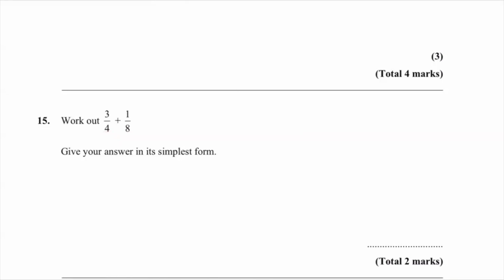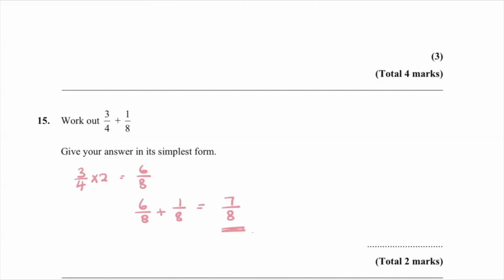That's all I'm going to do in this example. So if I take my 3/4, times it by 2, I will get the equivalent of 6/8. Now, 6/8 plus 1/8, my denominators are the same, gives me 7/8. And that's my final answer.